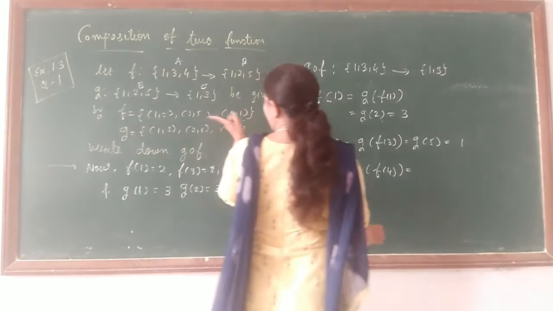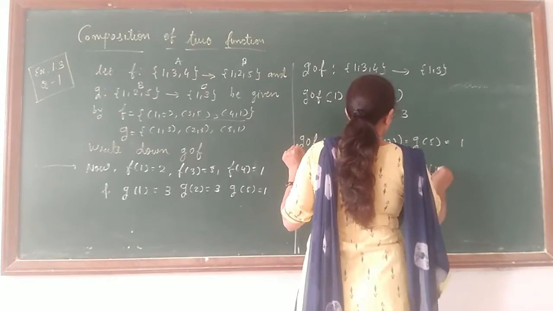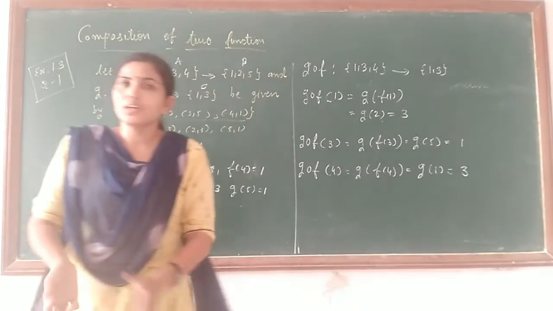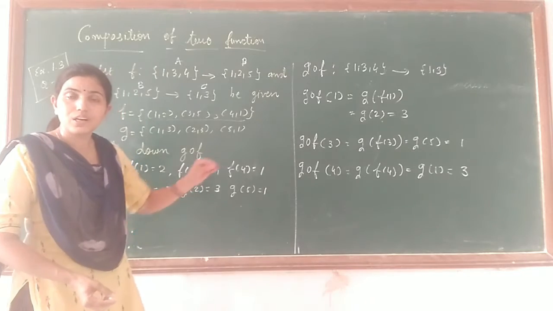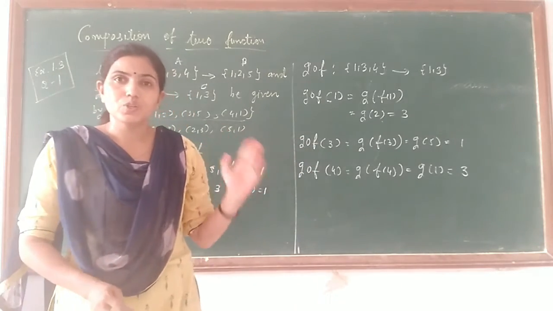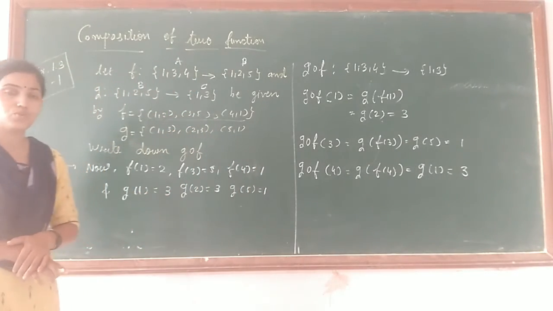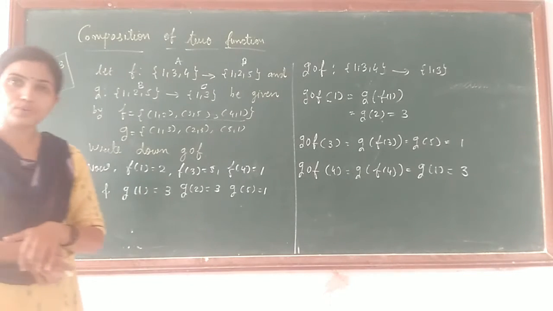What is f of 4? f of 4 is 1. So this is g of 1. And what is g of 1? 3. So done. So this is the function we are having, g of f. The composition of the function is defined like this. Okay, so now you understood this very well, how to define the composition of this function. So please students, note down the definition and the question number 1 in your notebook.